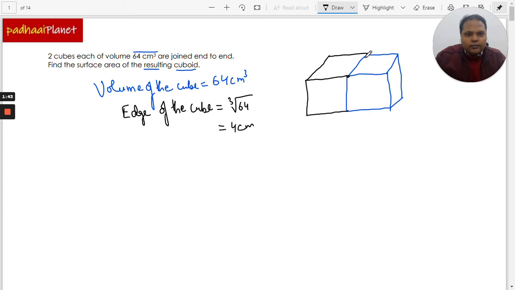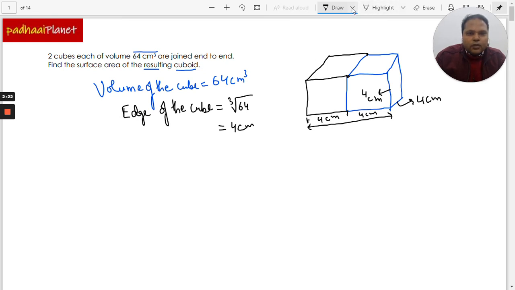Now the resulting cuboid, the measurement from here till here is going to be 4 centimeters, which we just found out, and this is also 4 centimeters. Similarly, it's a cube, so this edge, which is the height of the cuboid, is also 4 centimeters, and the width is this, that will also be 4 centimeters, right?